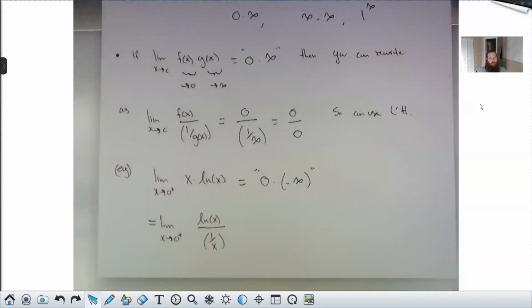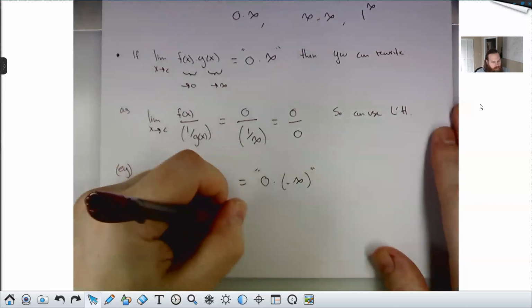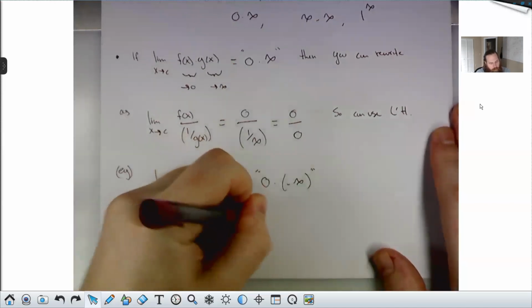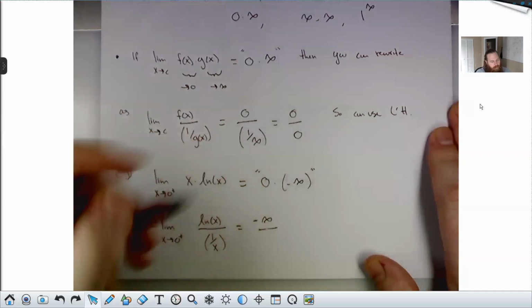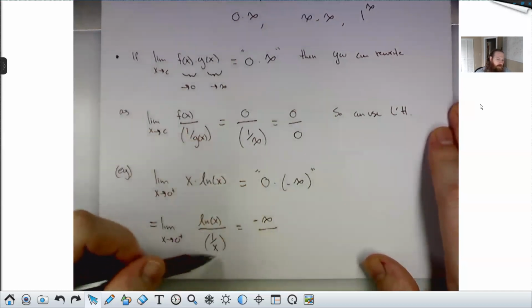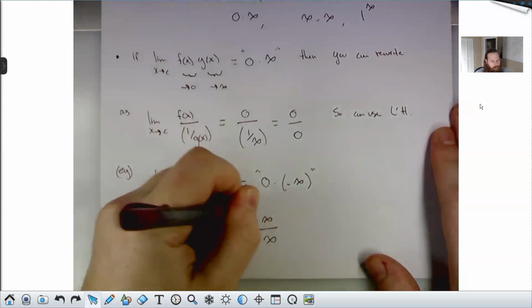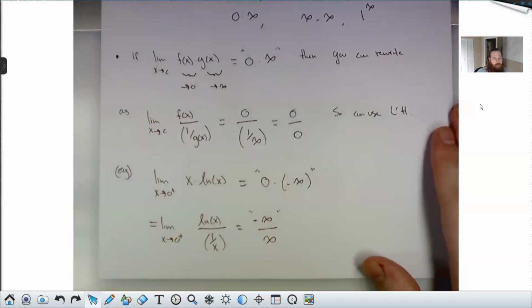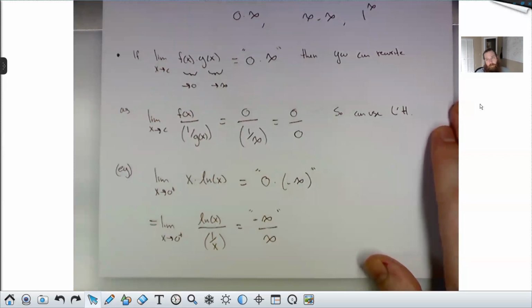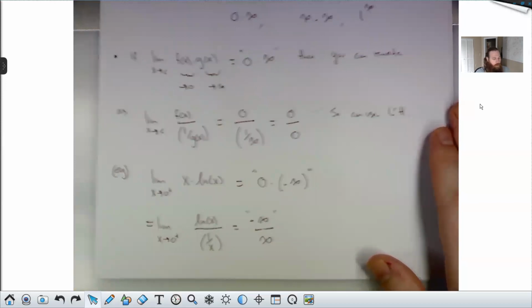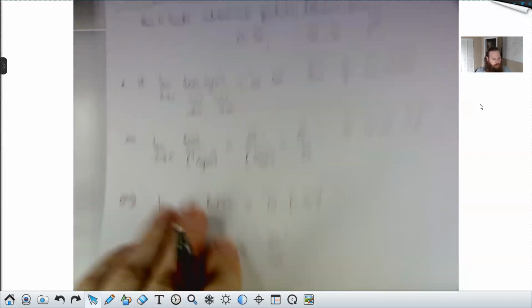Same trick. Now as x goes to 0 from the right, the top is going to negative infinity. And as x goes to 0 from the right, 1 over x, the bottom here is going to positive infinity. And this is an infinity over infinity. The negative doesn't matter. So now I can apply L'Hopital's rule.